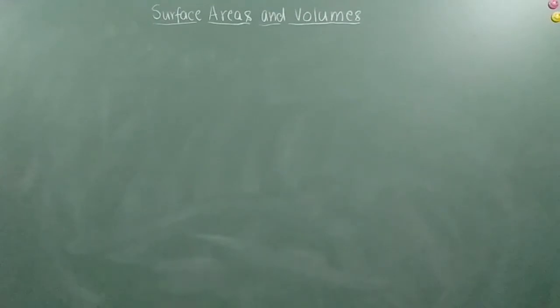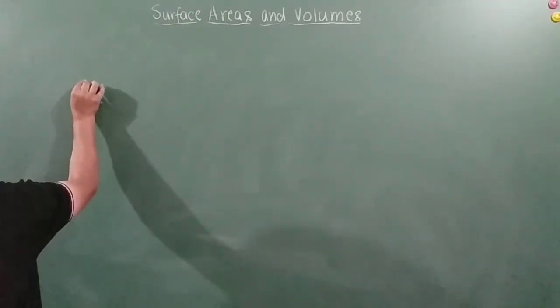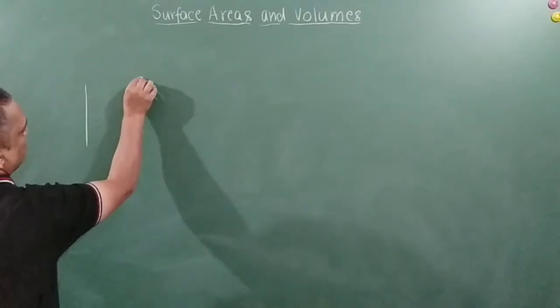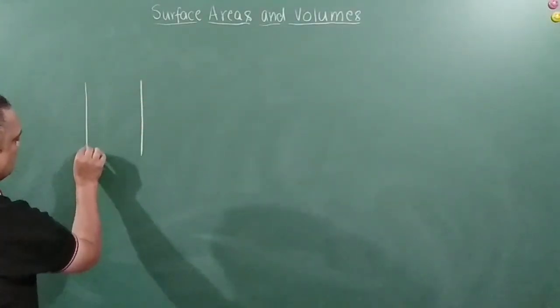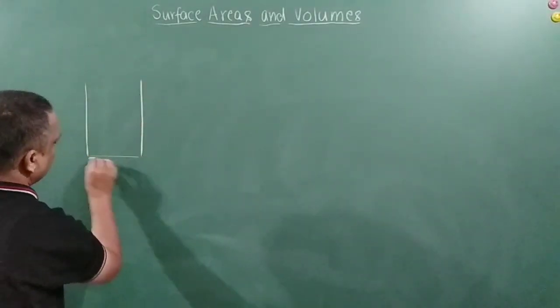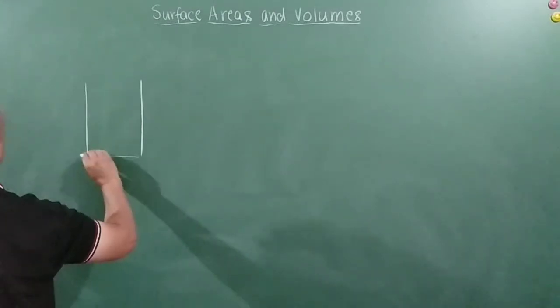A wooden article was made by scooping out a hemisphere from each end of the solid cylinder. Okay, so something like this.